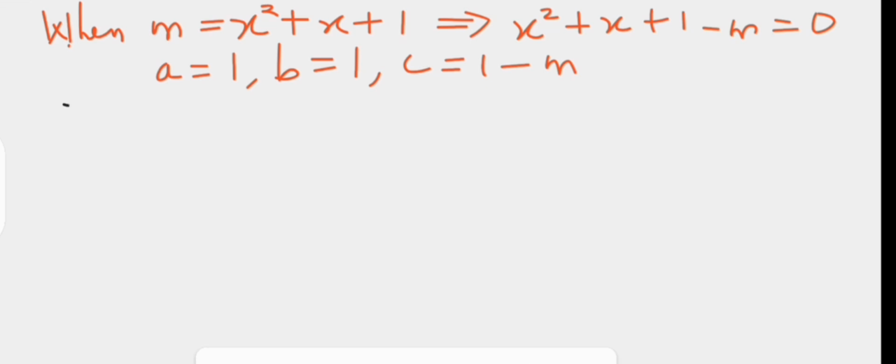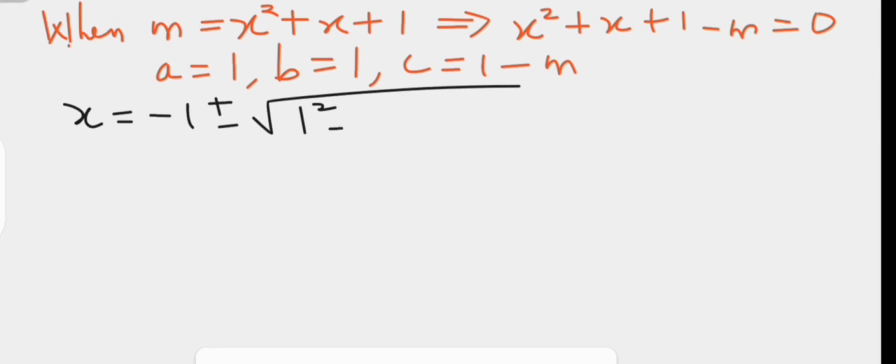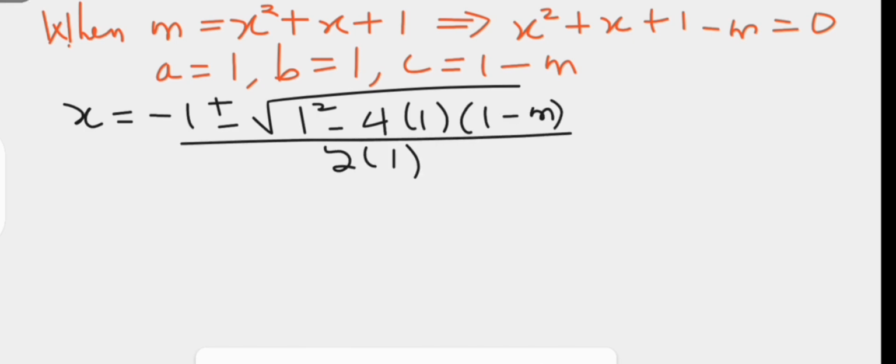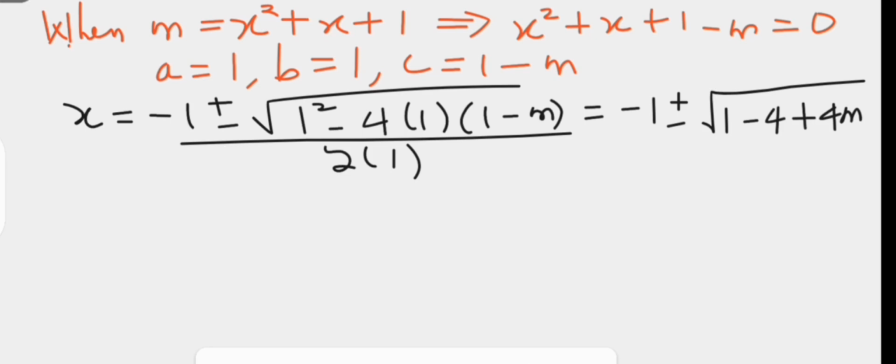In the quadratic formula, x is going to be minus 1 plus or minus the square root of 1 squared minus 4 times 1 minus m, over 2 times 1, and that gives us minus 1 plus or minus the square root of 1 minus 4 plus 4m over 2.